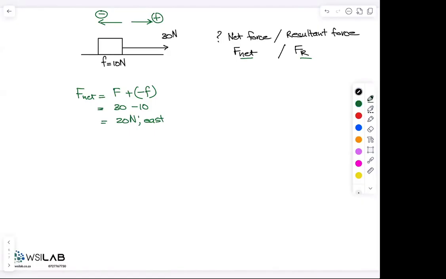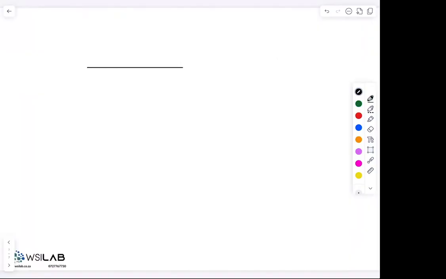Okay, so another one. There's another block there. Now I'm going to try and catch you out. There's a force to the right of 30 newtons. There's a force to the left of 50 newtons. And there's a frictional force of 8 newtons. I want to know, what is the net force? Okay, you're going to do that on your own.